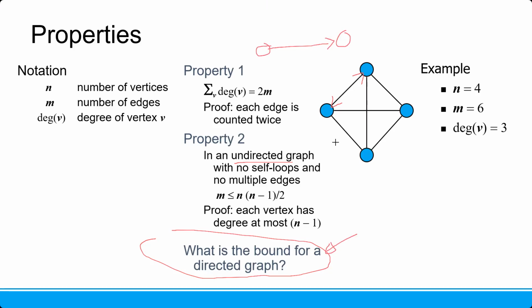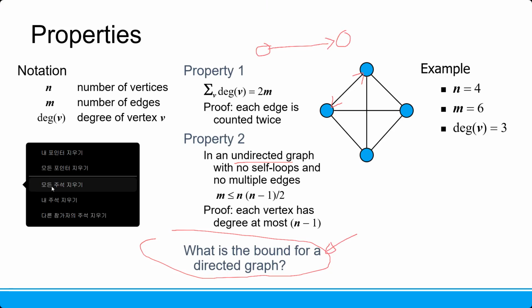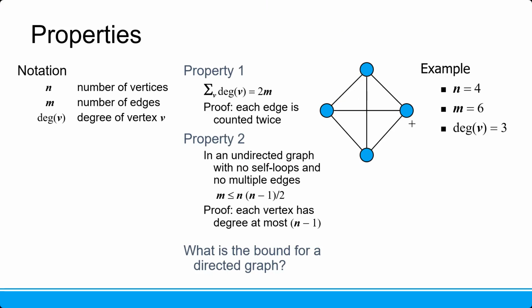In this case, yeah, we will do up from the undirected, because in undirected we have two directions, but in directed graph we have only one direction. So let's check more with the directed graph later.